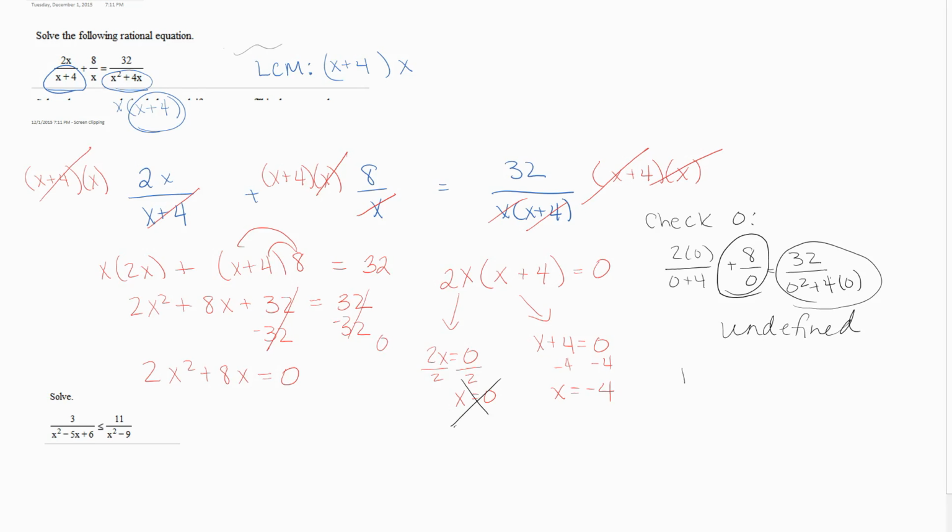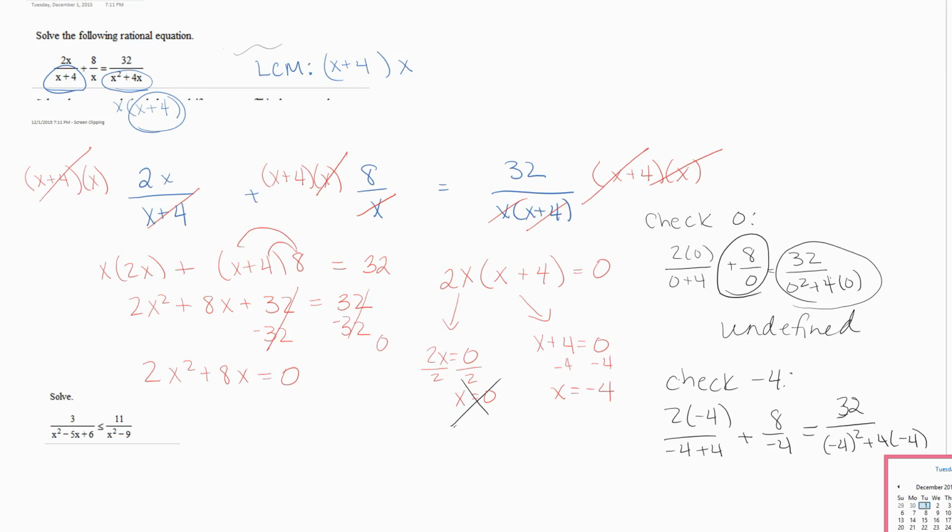Now we need to check negative 4. So if we have 2 times negative 4 over negative 4 plus 4 plus 8 over negative 4 equals 32 over negative 4 squared plus 4 times negative 4.